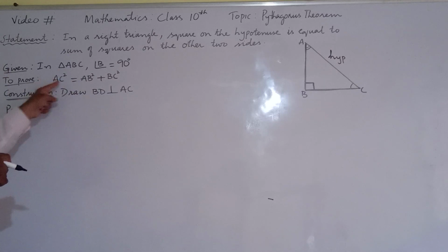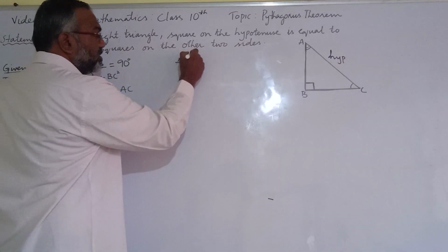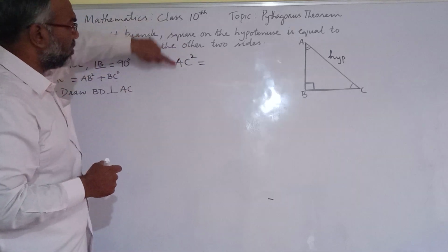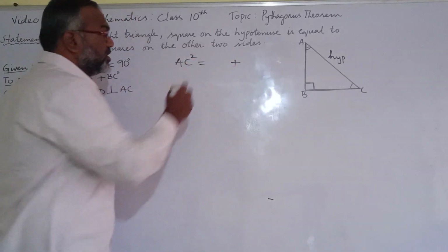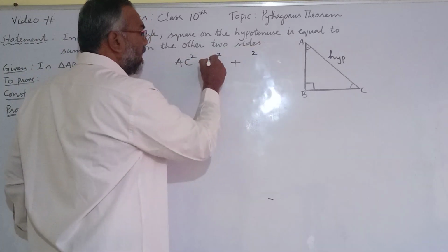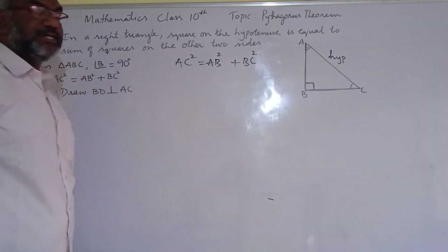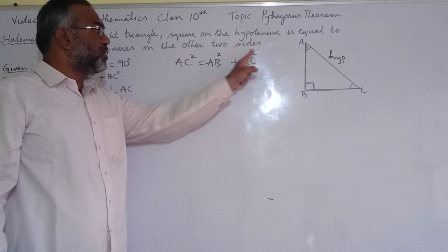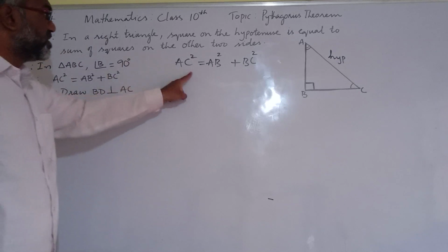So this equation we have to prove: the square on the hypotenuse AC is equal to the sum of squares on the other two sides, AB and BC. This equation we have to get.